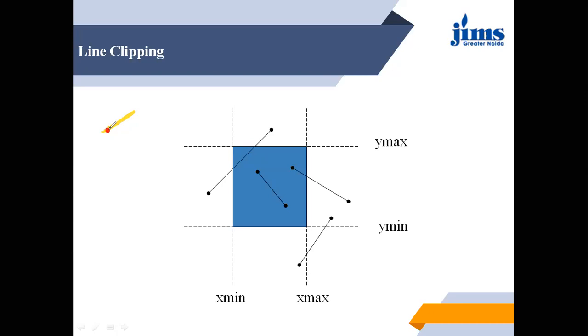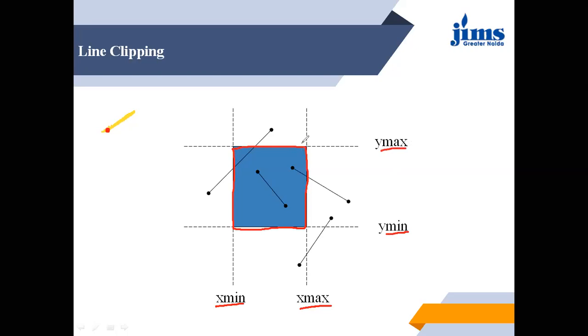As you can see over here, this is our window, where the x coordinates are x min and x max, whereas the y coordinates are y min and y max.